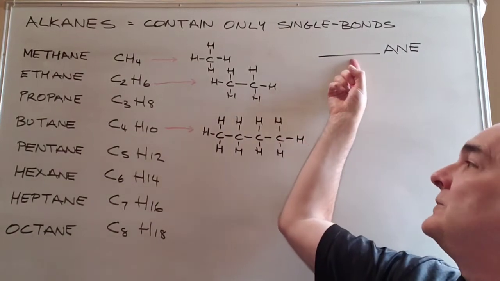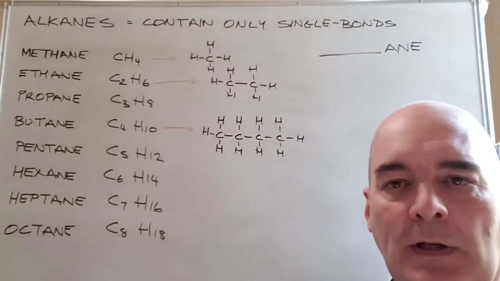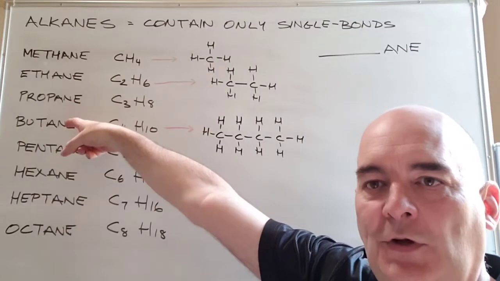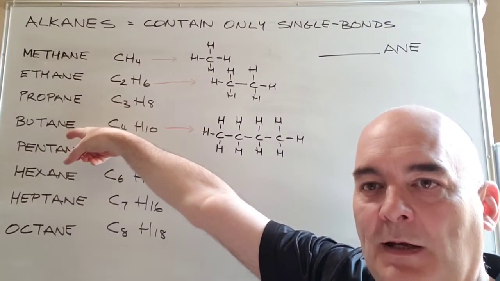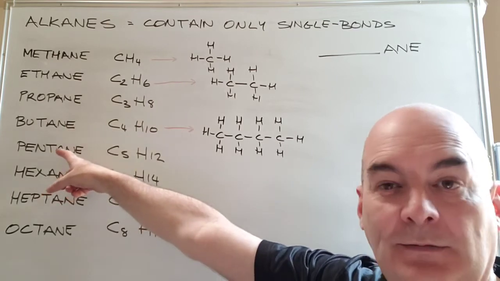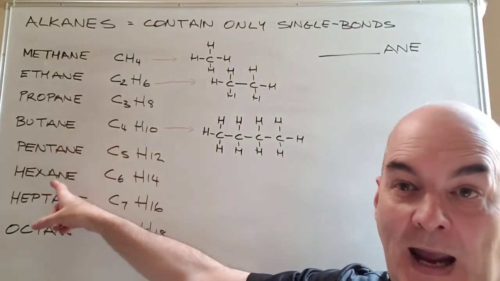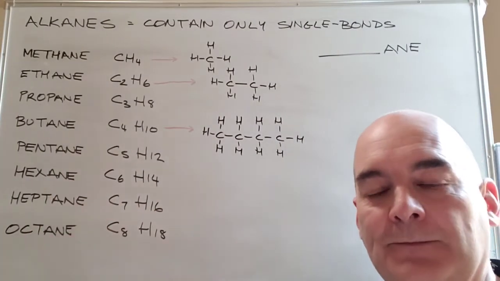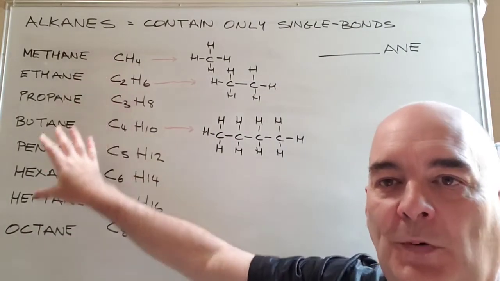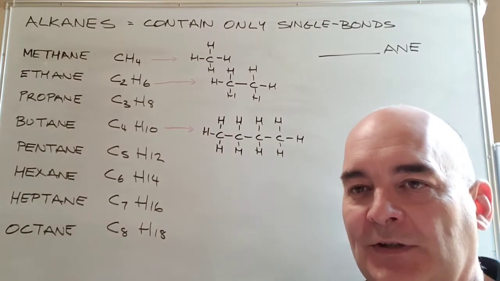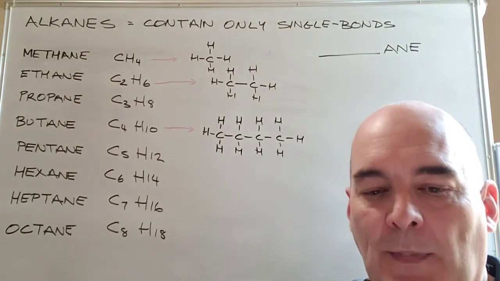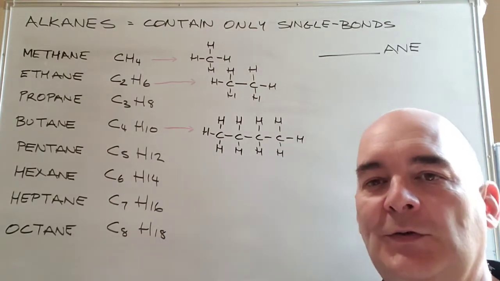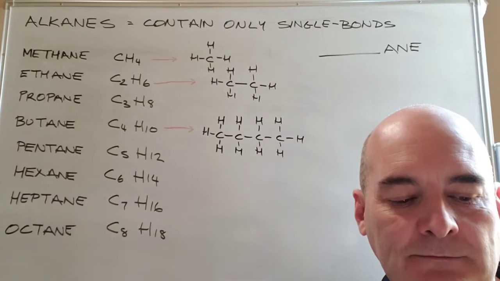And the prefix that goes here tells us the number of carbons. Meth is 1, eth is 2, prop is 3, but is 4, pent you might recognize as being 5, hex you might recognize as being 6, hept and oct. And those prefixes are going to be consistent amongst all chemical naming systems. So once we know it once, we can use it for everything else.